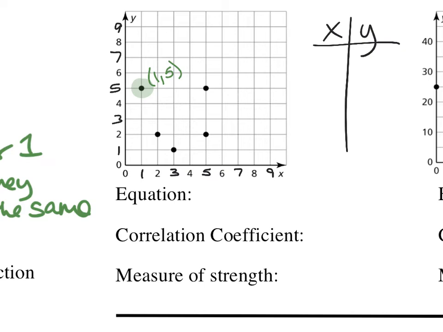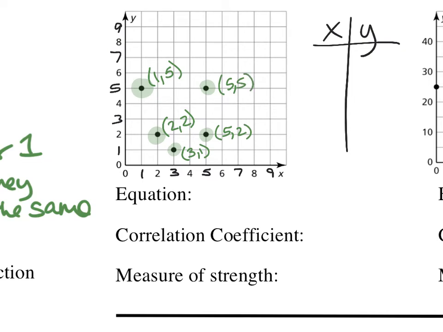Fabulous. This next coordinate that I highlighted, what is the coordinate for that? 2, 2. So we went to the x-axis of 2 and the y-axis of 2 for that coordinate. Do we see how we're getting these coordinates? It's maybe been a minute since we did x, y's. We can do that for all of the rest of these data points, getting that the next one is 3, 1, and then we have 5, 2, and we have 5, 5.